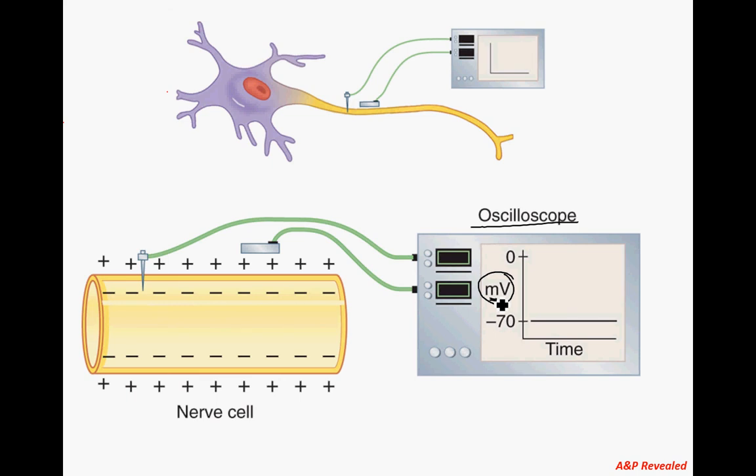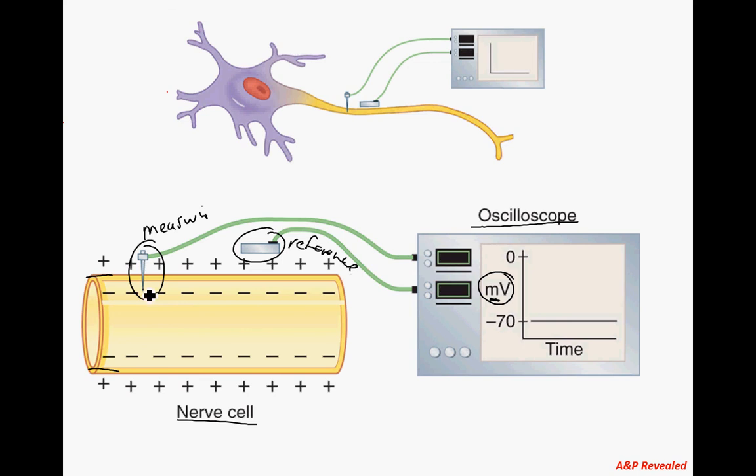And what we've done is that we can actually take the neuron here. Here's the axon, right? This is the nerve cell, the neuron. This is a section of it. And we put this measuring electrode through the cell, and this is able to detect a charge here.